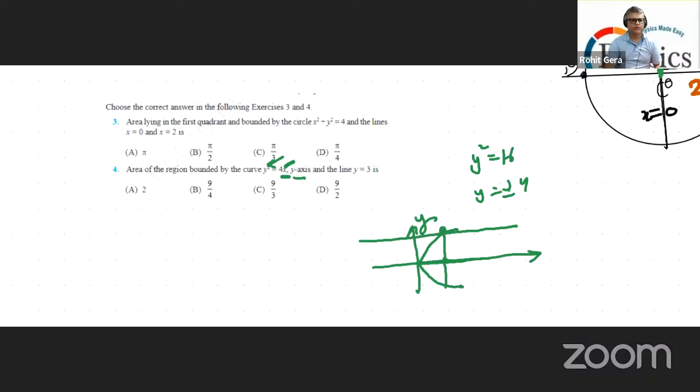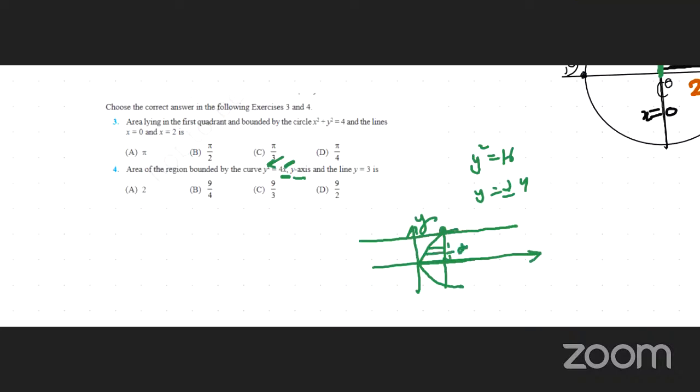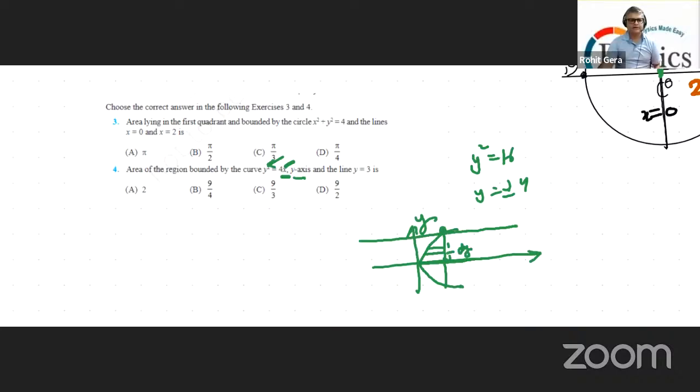So if you take a strip of the area bounded by this, let's say this is the area, the height is dy. I've taken horizontal instead of vertical, and this is x.